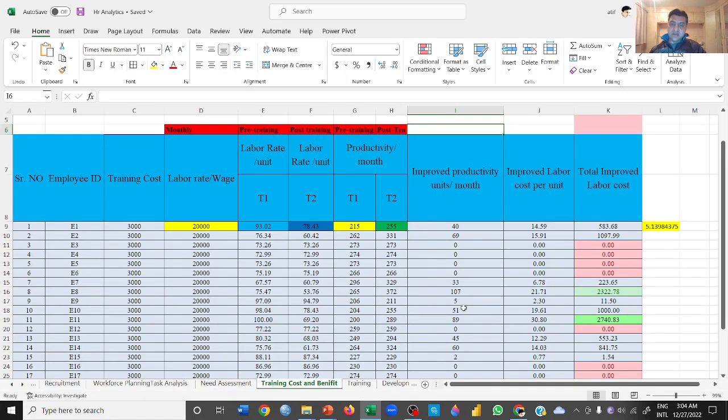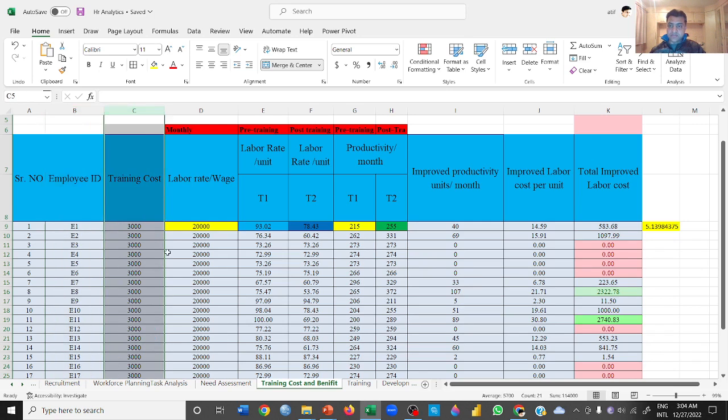Okay, this is our sheet of data, but first we need to understand a few important data points, because otherwise we will not have an idea of how we can justify the cost. This is simply the employee ID, the serial number.